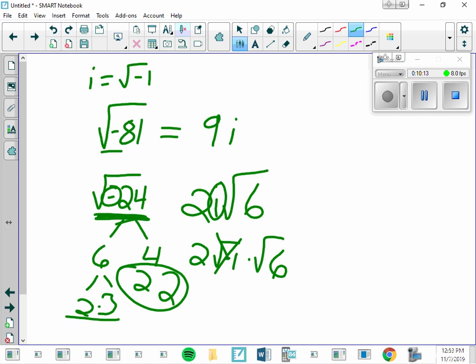On the inside, there is no i. On the inside, it's a negative. And we can transfer the negative and the i back and forth if we need to. So i root 24 is the same as the square root of negative 24. On the inside, it's a negative. On the outside, it's an i. Okay?